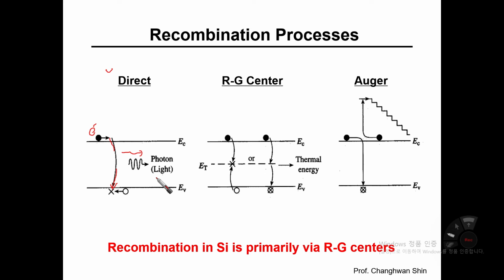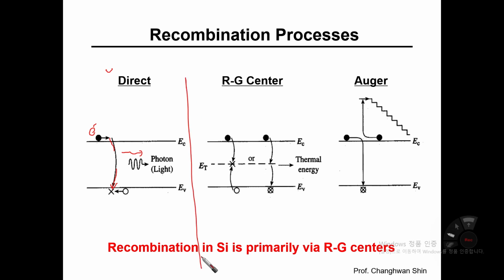So depending on the material in which direct recombination happens, or on what kind of engineering techniques are used, we can take advantage of direct recombination in a useful way that we prefer.